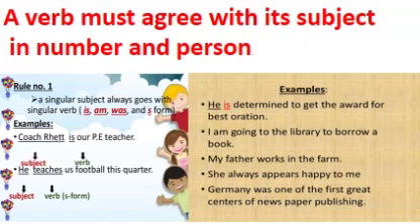Rule number 1: a singular subject always goes with a singular verb, as I told you. Is, am, was and s form. Is is a singular verb and it always comes with a singular subject like he, she, it.